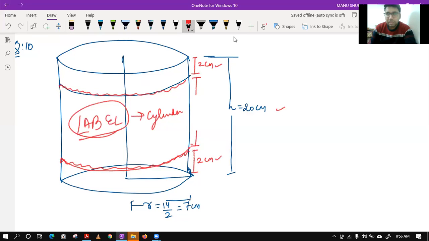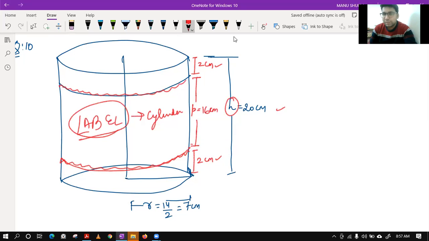Because h you have already used, we have to use some different symbol for the height of this label, because h is already used as 20. We can't use h again, we have to use something else, or you can go for h1, h2, or let's take it as p. Let me call it p, some different variable, which is equal to 16 centimeter.